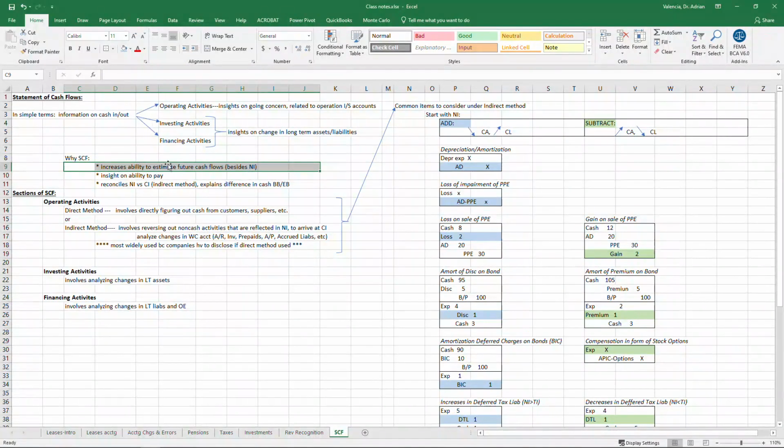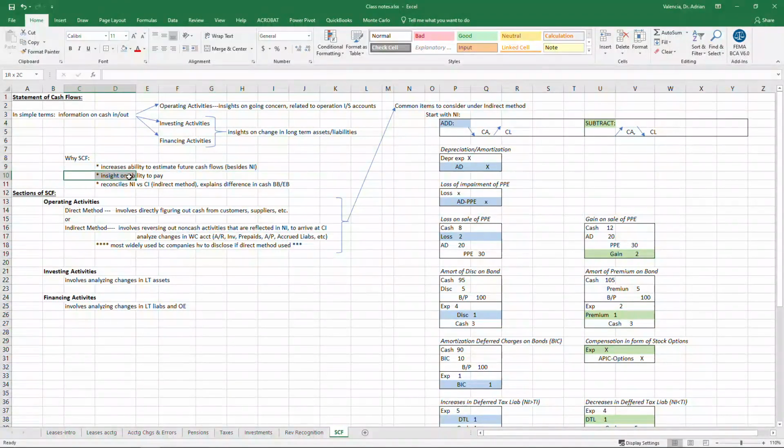And the same thing goes for the actual cash flows of this period. So because of that, this statement has a lot of value to investors and financial statement users. Okay, and this is a little bit beyond the scope of this video, but it's good to have an idea that there is this value beyond just understanding what the cash in and out is.